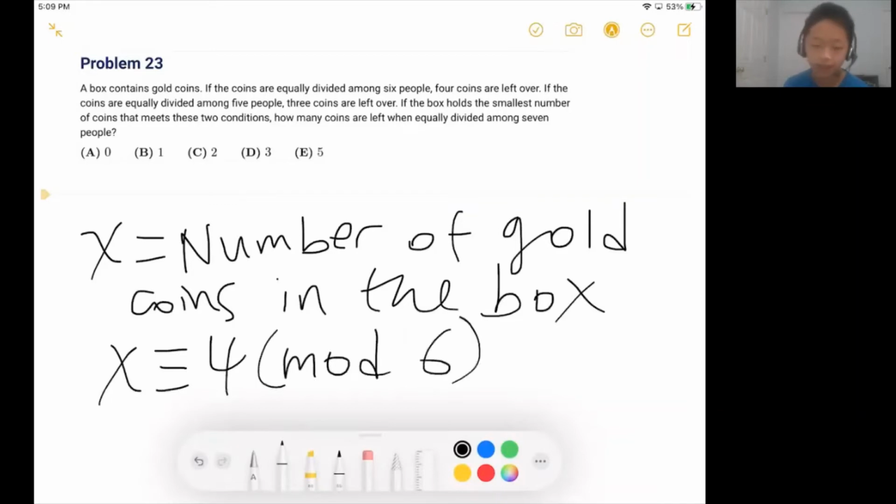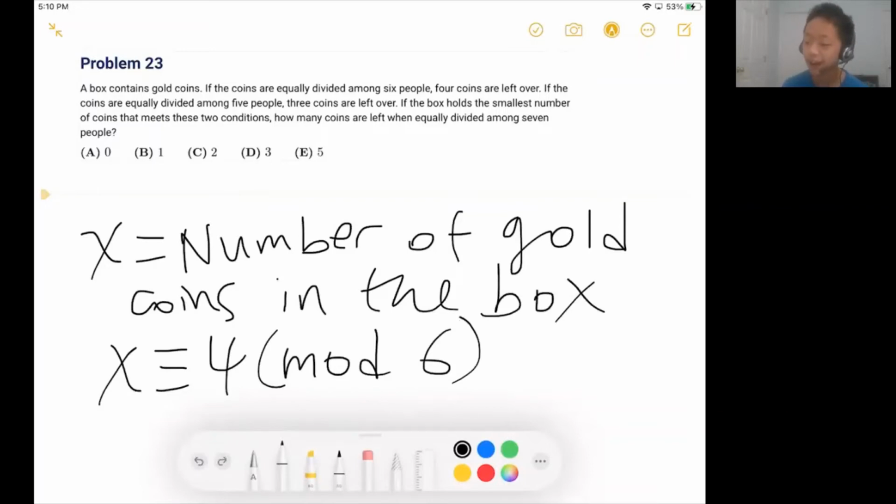Remember, this means x and 4 leave the same remainder when divided by 6. These 3 lines are like an equal sign, but it's actually a congruent sign. It just means that 2 numbers leave the same remainder when divided by this number here. That's just refreshing your memory on modular arithmetic notation.